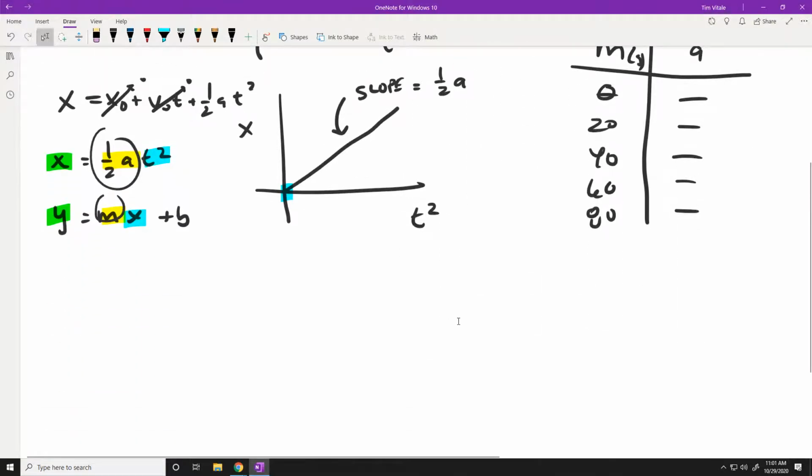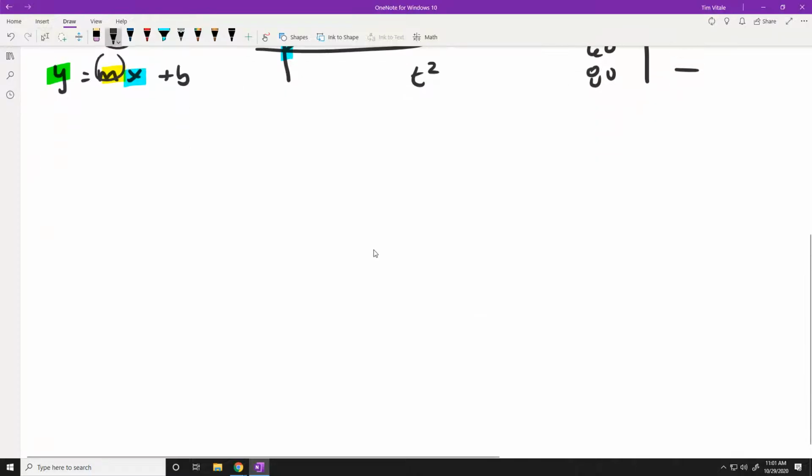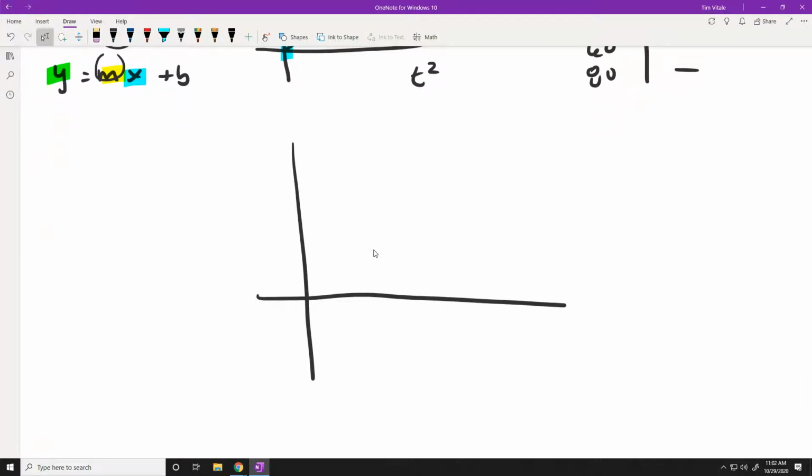Once you get 5 data points, then you'll be able to plot it. We have acceleration on the y and mass on the x, and you're going to get something that looks like this. Now this is the hanging mass that we're talking about.